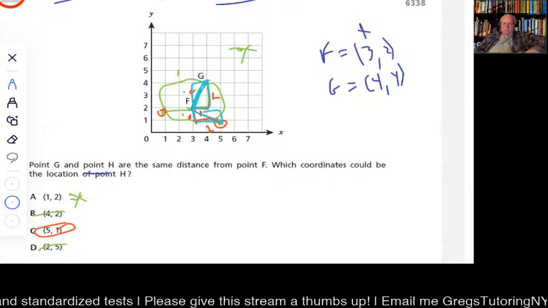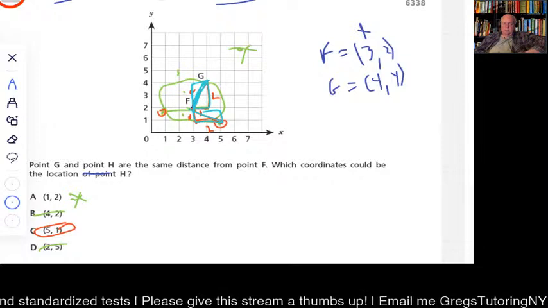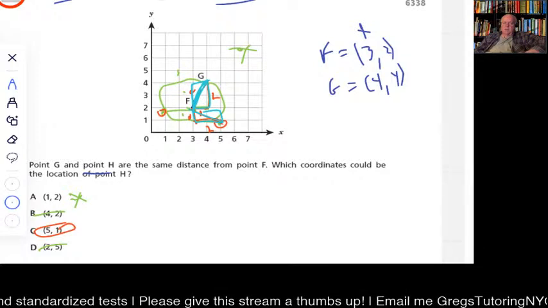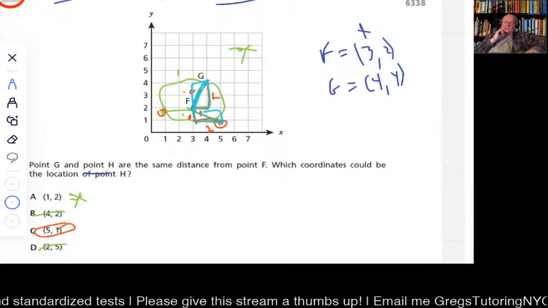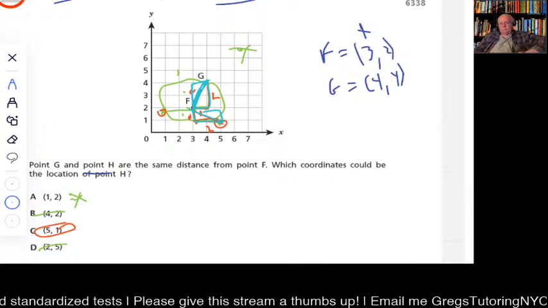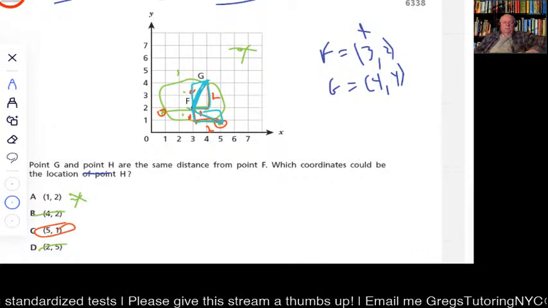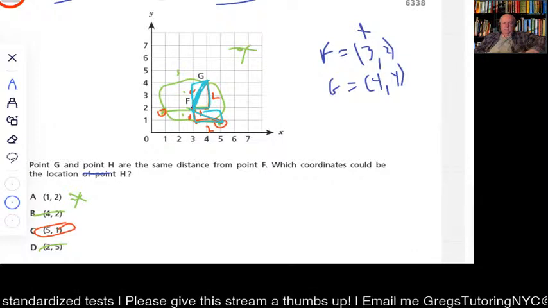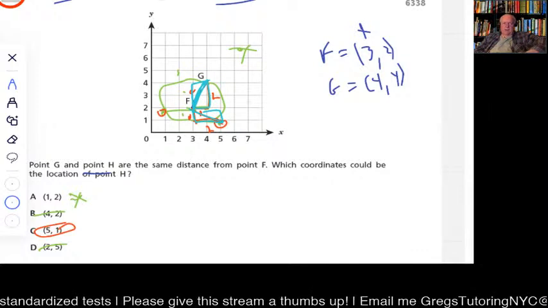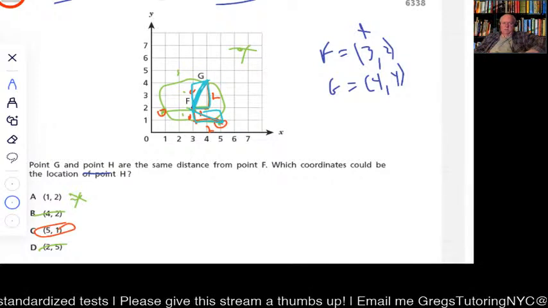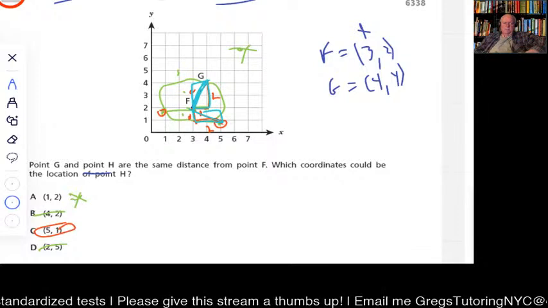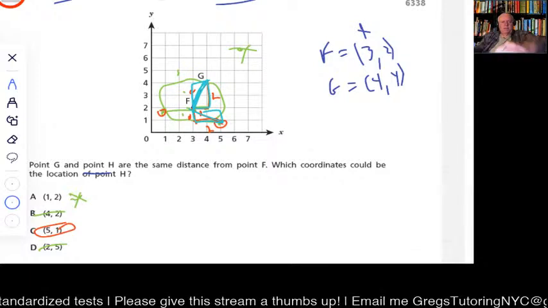So we don't even need to compute the number. We know it's the diagonal. But if anybody wants to go and actually compute what the diagonal is, feel free to go ahead, because it gets ugly, at least I think it does, if I'm calculating it right in my head. So that's basically what's going on there. All right, so that's that one.